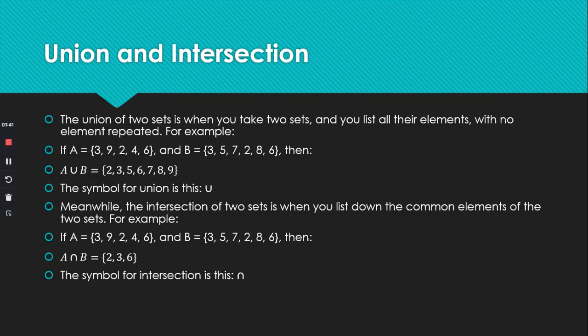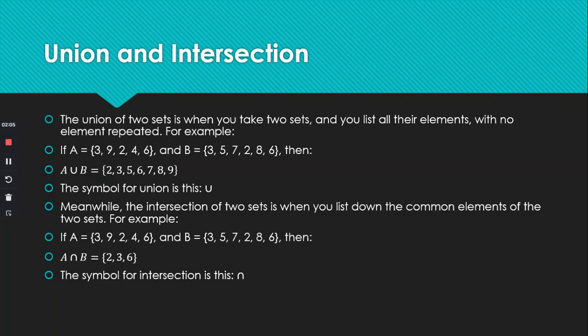Meanwhile, the intersection of two sets is when you list down the common elements of the two sets. For example, we take the same two sets, A and B here, but the A intersection B is 2, 3, 6. This is because you can see 2 is common, 3 is common, 6 is common, nothing else is common. So you can say A intersection B is equal to {2, 3, 6}.